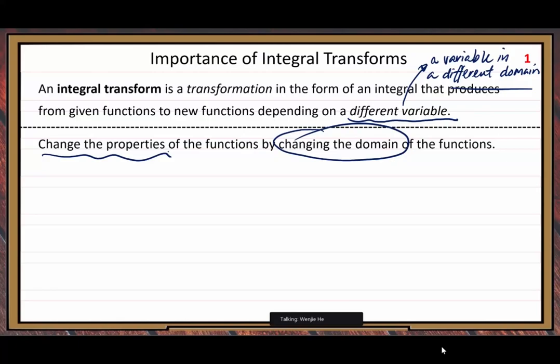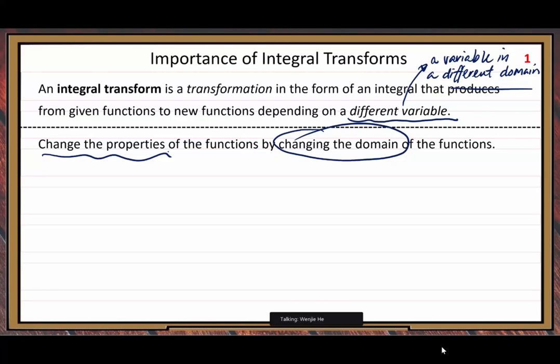I want to understand it this way. All the properties related to the given function are intrinsic properties of the given function. But from the original function, we cannot discover those properties.